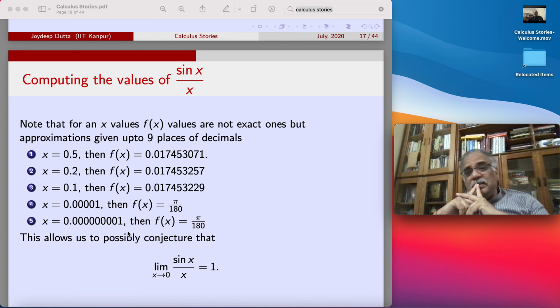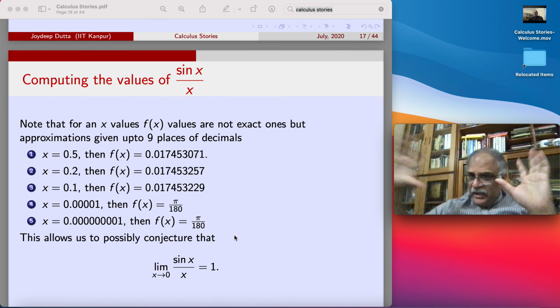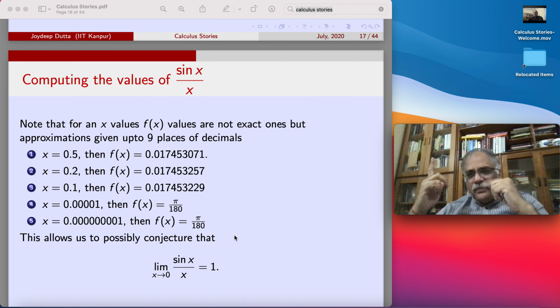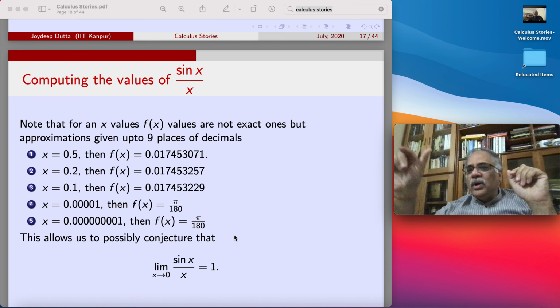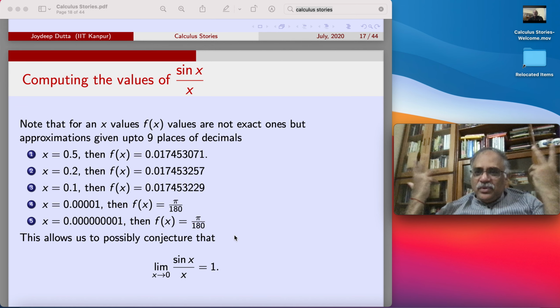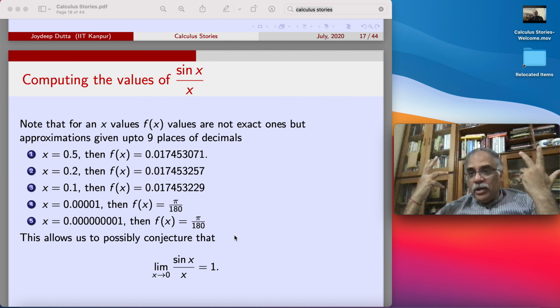Then I realized maybe these values of f(x) are all approximations, because the calculator is approximating sin x. So maybe they are writing pi by 180 to signify 1, because pi radian is exactly 180 degrees.